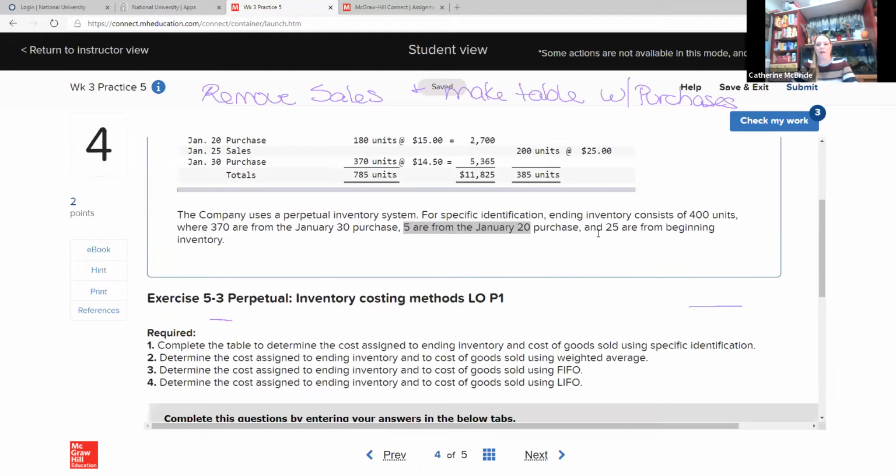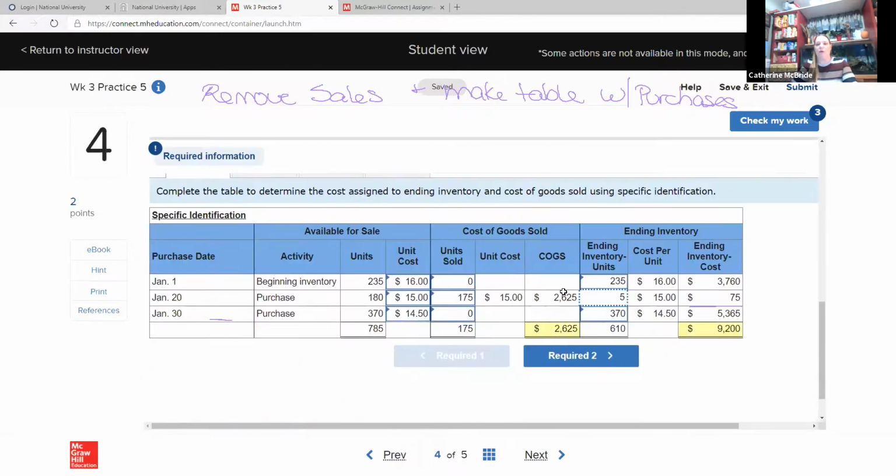And then 25 are from the beginning inventory. So my ending inventory here is 25 units. If I started with 235 and I still have 25, that means that I sold 205.